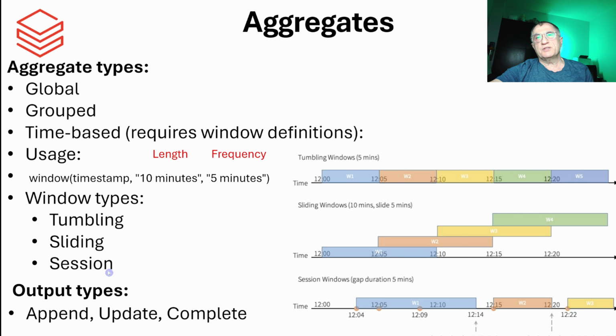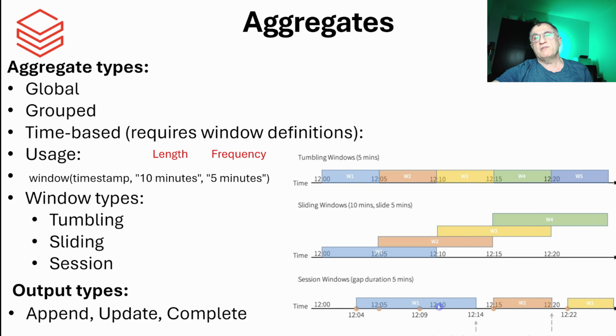The session window is a little different than these two window types. With session window, you specify gap duration, and the window will not start until it receives the first events. So as soon as the first event starts, so in this example, let's say at 12:04, a window starts and it will continue until we receive events.